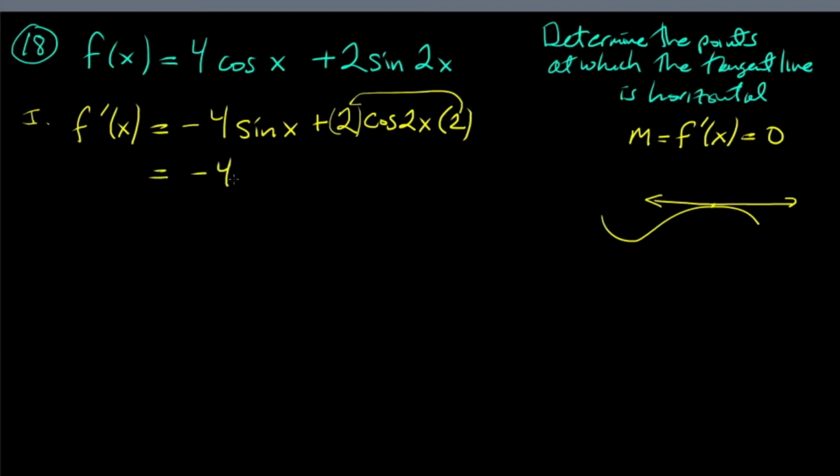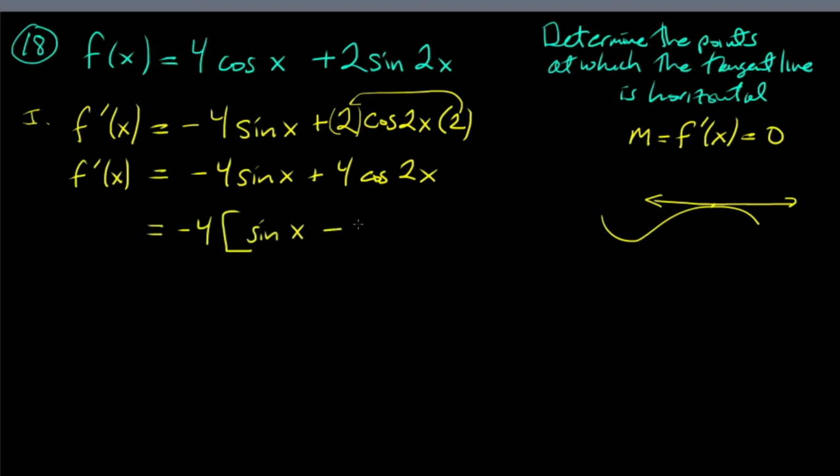So this is just negative 4 sine x plus 4 cosine of 2x. And we could factor out a negative 4 here and write this as negative 4 times sine of x minus the cosine of 2x.